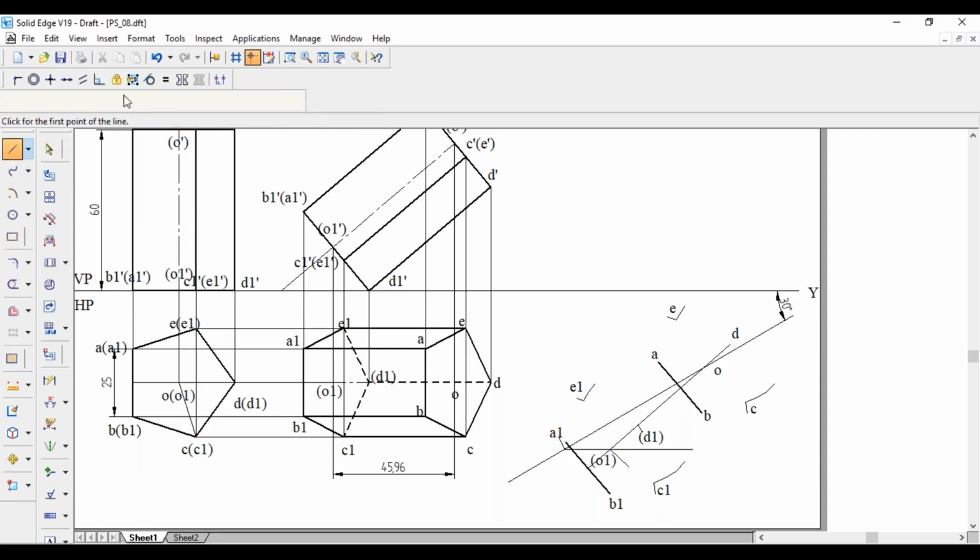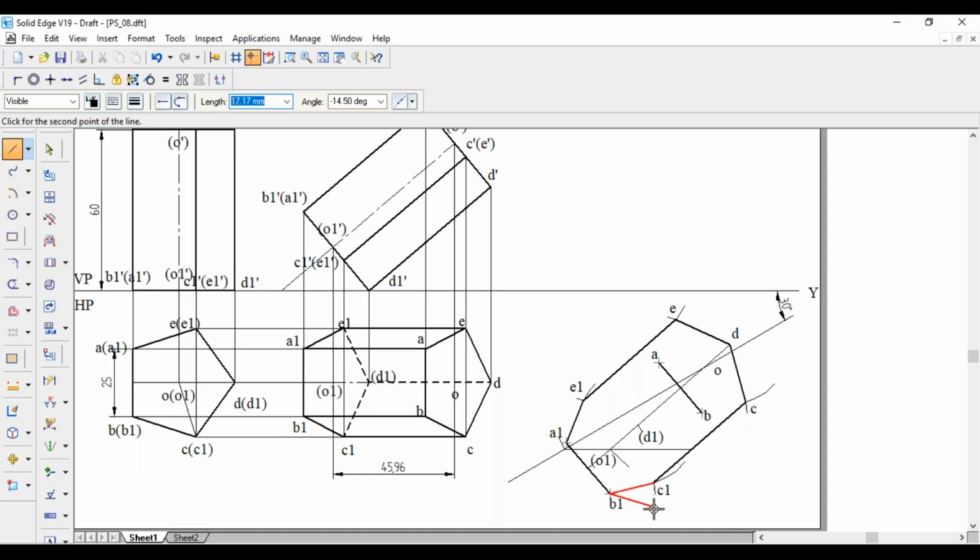Next, A1 to E1, E1 to E, to D, to C, C1 back to B1, dark, B1 to B dark, to D dark, sorry, B to C dark, then A to E is dark, and A to A1 is dark.